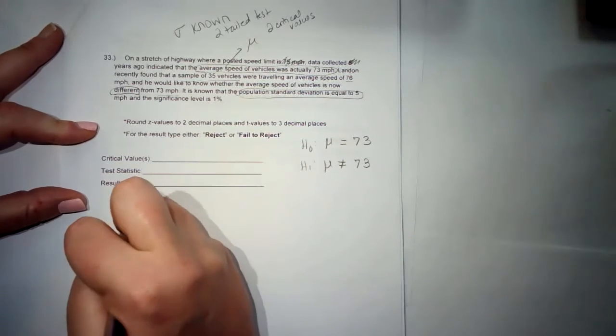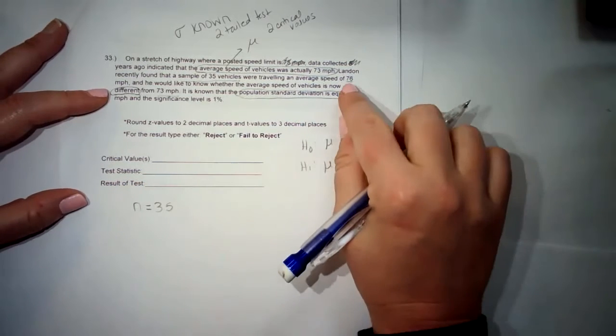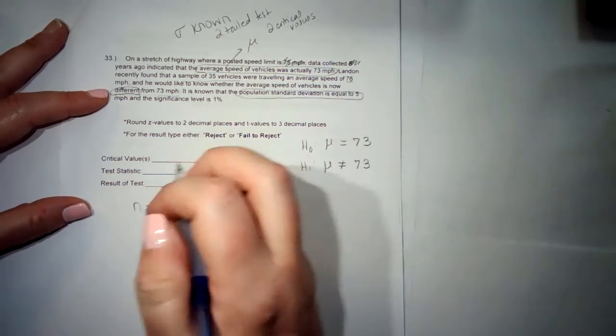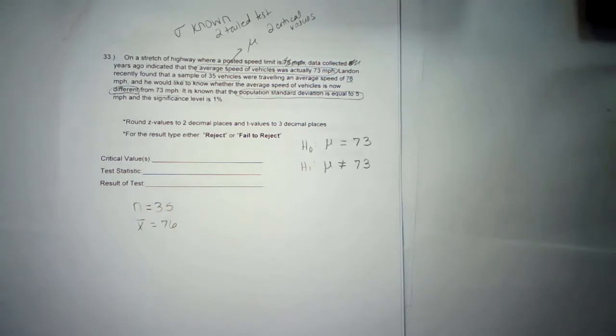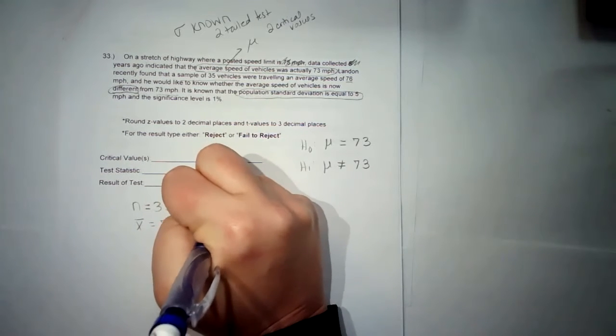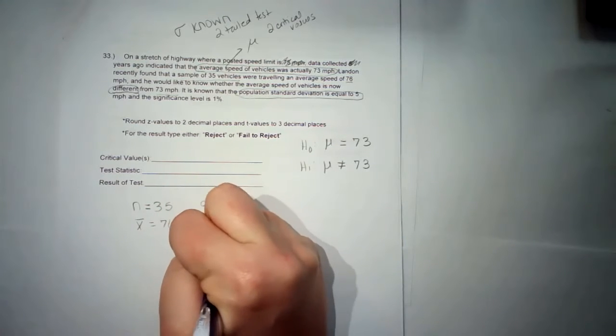Now I see an N of 35. What is this 76? This average speed of 76? That's X bar, right? Because it's talking about the sample. So that's your sample mean. Then the only other things we have are 0.01 for the significance level and sigma is 5. Everyone okay with getting all that? All right, we'll jump right in then.